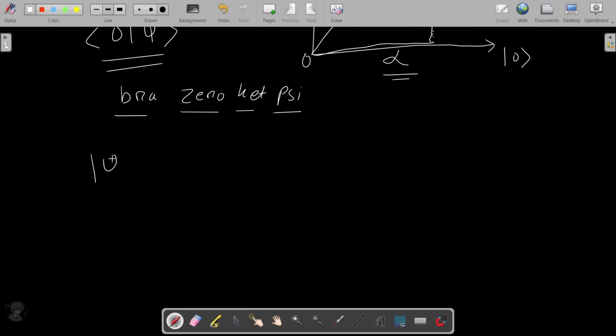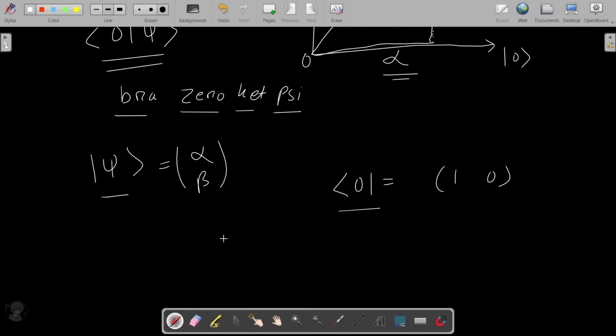So we know ket C is the alpha and beta vector. Then we know the bra is just the row version of the ket, so bra 0 is 1 0. Okay, so we have to multiply these in a dot product. When we do the dot product, the only thing that remains is alpha.